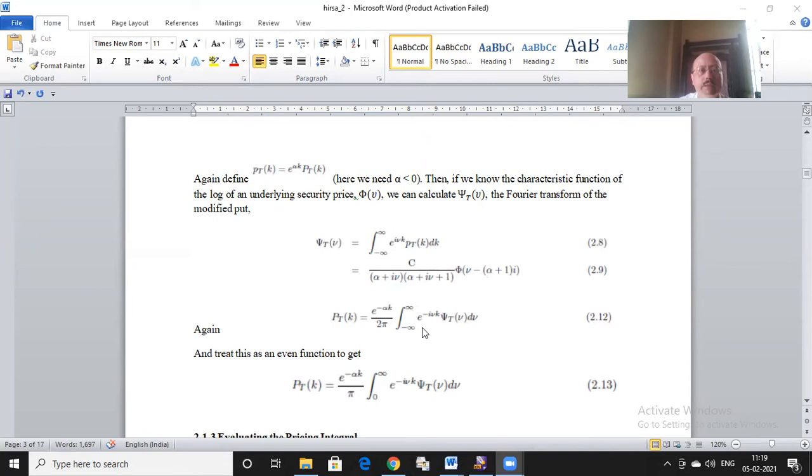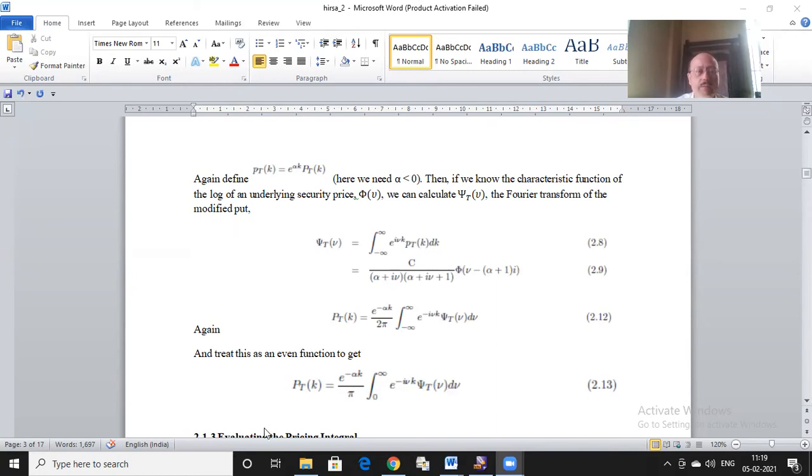And then using inverse Fourier transform, we can recover the put price from this psi expression using the typical integral. And again, the put price is a real number, so I treat this as an even function. So my final expression is 2.13.